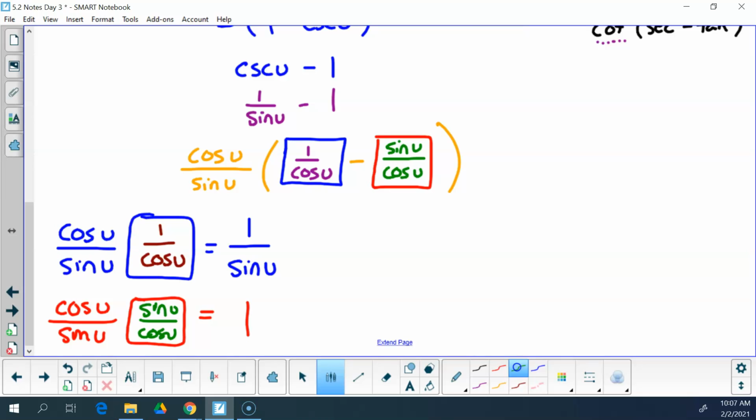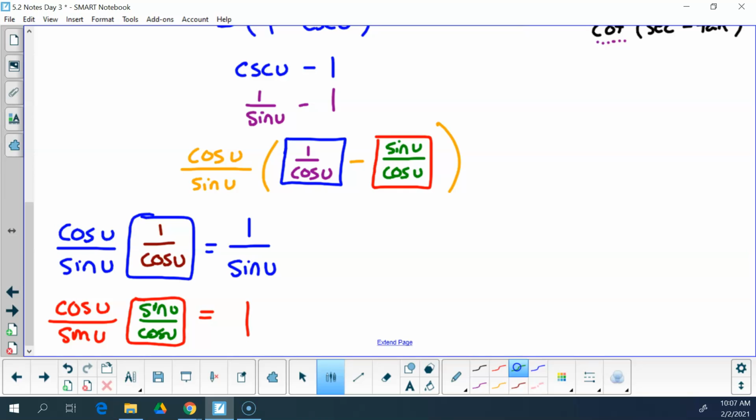Now, if I did that multiplication, right? Cosine times 1 is cosine. Sine times cosine is sine cosine, but that reduces to be just 1 over sine. Sine cosine on top, sine cosine on the bottom gets me 1, correct?